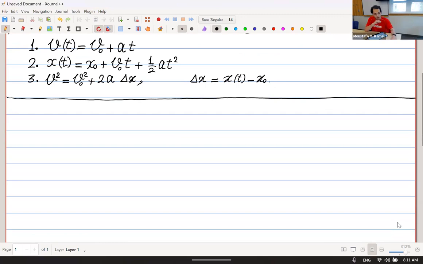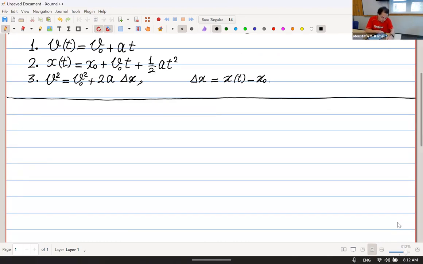So today we don't want to look at the equations as equations. We want to graph them and see how we can interpret the results from graphs. The notation x of t and v of t already reminds us of function notation.